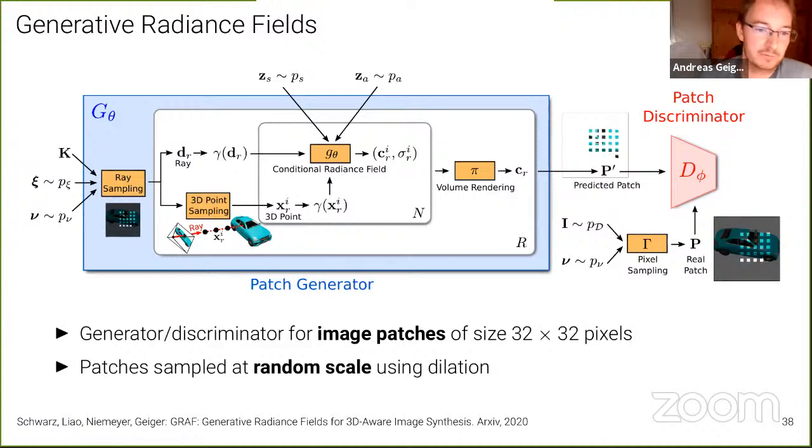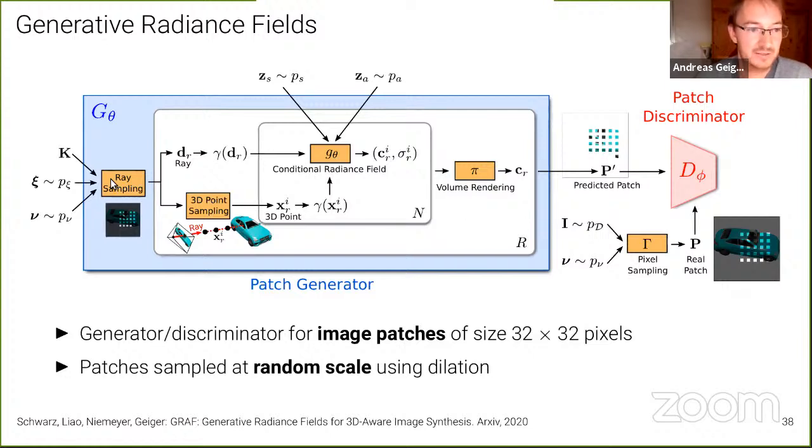Now, this is not straightforward because in addition to conditioning on some latent shape and appearance code, you cannot render an entire image and then, as in classical GAN literature, compare that image using a 2D discriminator to real images. Because rendering is a very slow operation and it's also very memory intensive. So it's infeasible to render entire images.